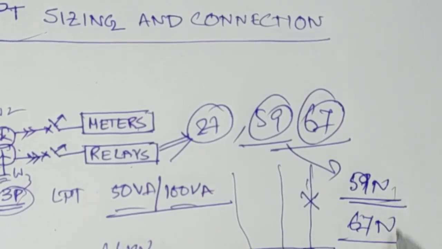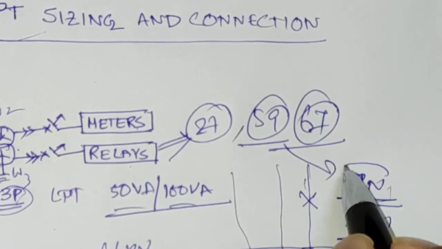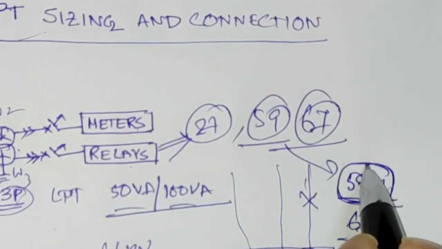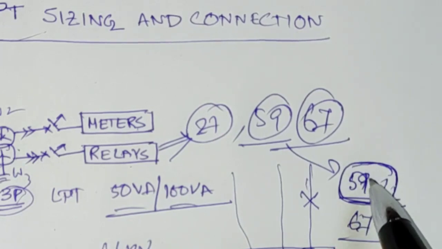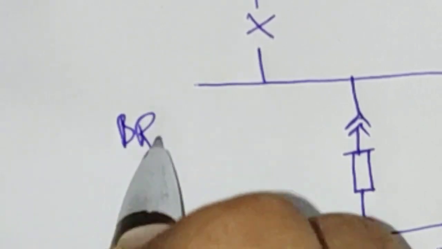For these two relays we need the voltage input also. 67N can also be connected with a star connected PT, but for 59N, if anywhere you need residual voltage earth fault protection, where the earth fault is detected by voltage, then you need to take another winding, that is called broken delta.